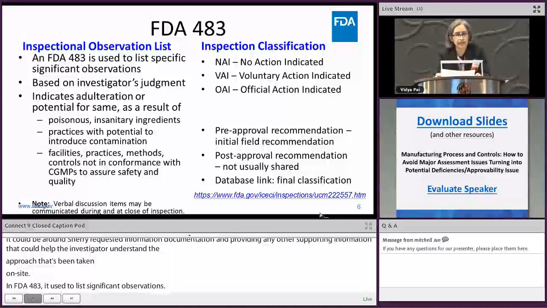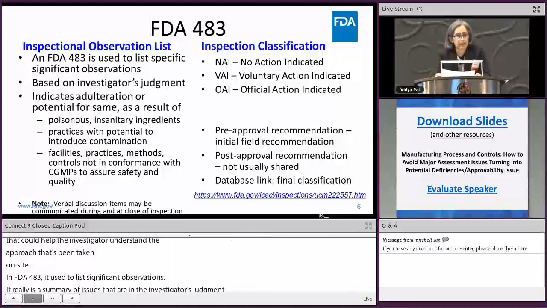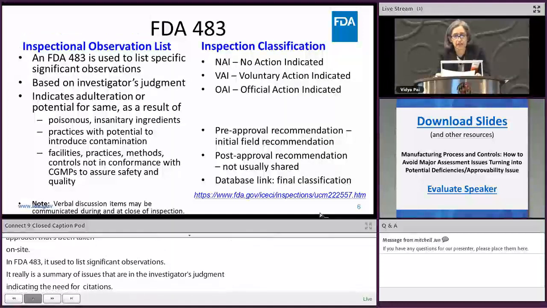So really, it indicates that there may have been circumstances that could lead to adulteration or potential for the same as a result of unacceptable ingredients, unacceptable practices that could introduce contamination, or your facility's practices and methods and controls may not be in conformance with CGMPs to assure safety and quality. So it's really a list of citations from the CFR with supporting evidence.